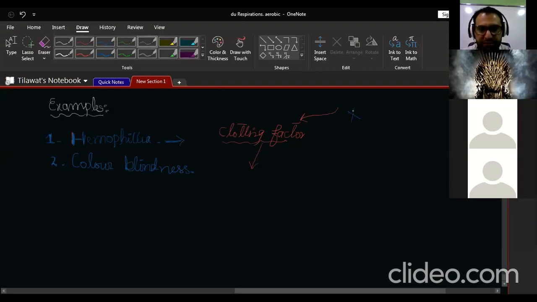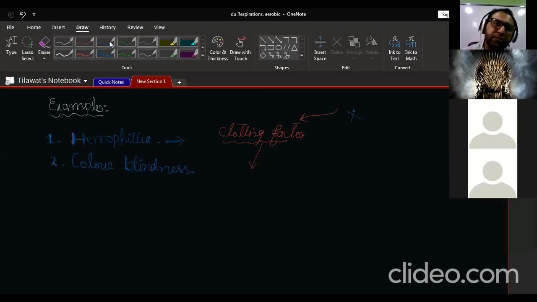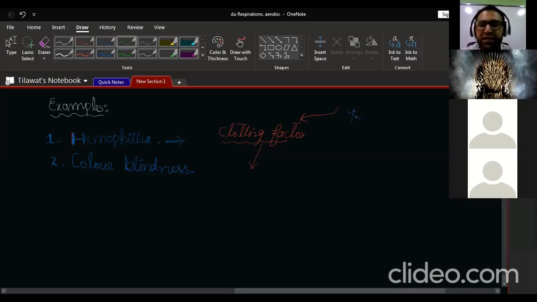The gene is responsible for coding the clotting factor protein so that the body does blood clotting. But because of mutation, due to some reason, this normal gene, for example, I am considering normal as H. Normal, it is capital, right? But due to mutation there is a change in the normal sequence of DNA.